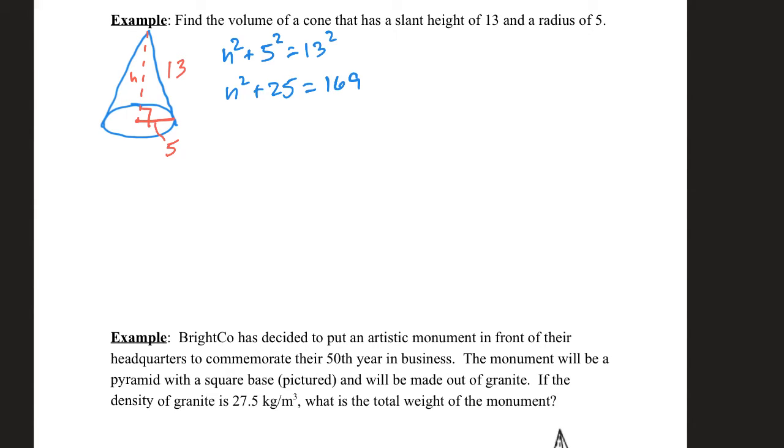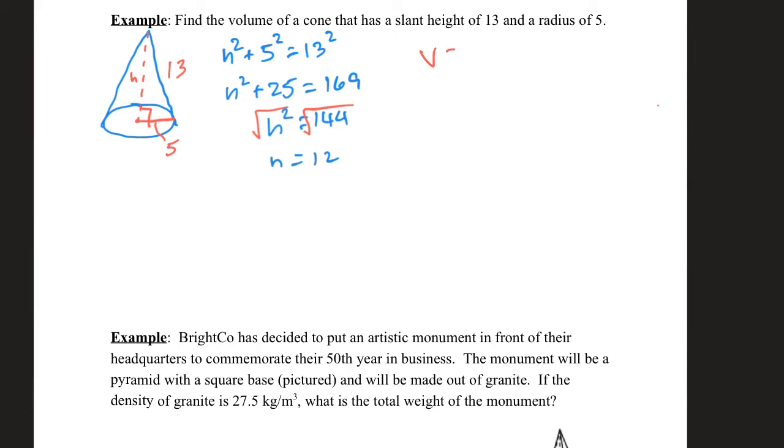Subtract the 25 over, and h squared is equal to 144. And then we take the square root of both sides, and we get h is equal to 12. So now we have our height, which is the small h in our volume formula.